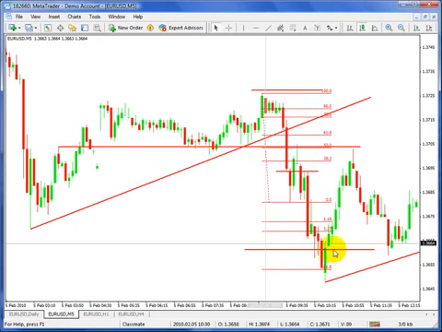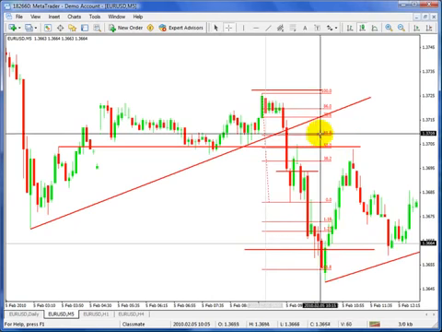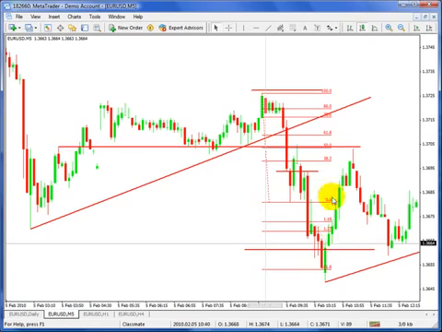Okay, this is where I take profit. So I entered at this point around about the 50. When I saw that this was a potential area for a bounce, I took a risk of 22 pips for a gain of 42 pips. Very successful trade. Okay, so that was that particular trade.